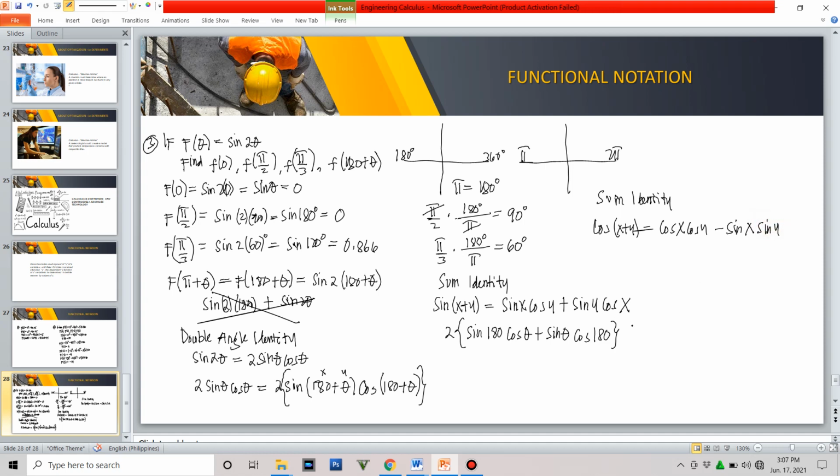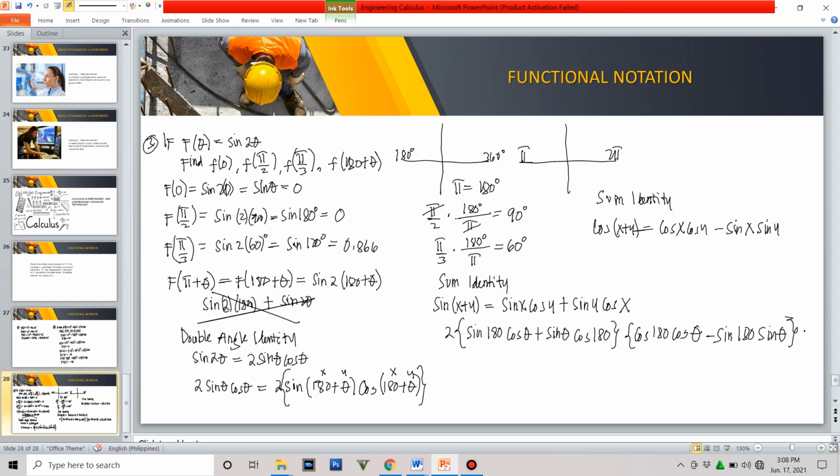So if we're going to apply that to this one, second term, we set this one as x and this one is y. We have cosine of 180, cosine of y, which is theta here, minus sine of x, sine of 180, and this is sine of theta.